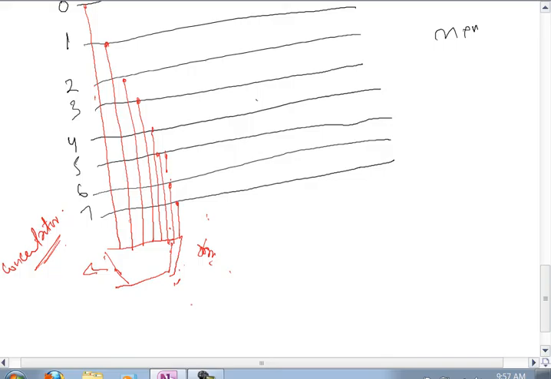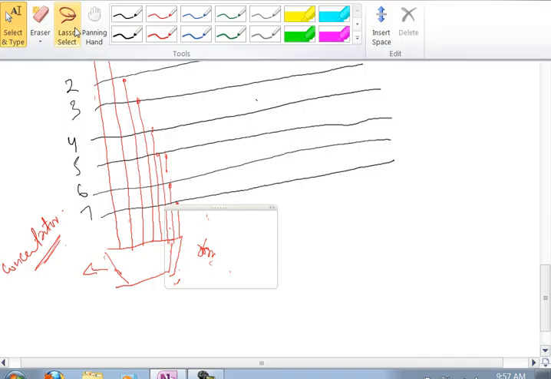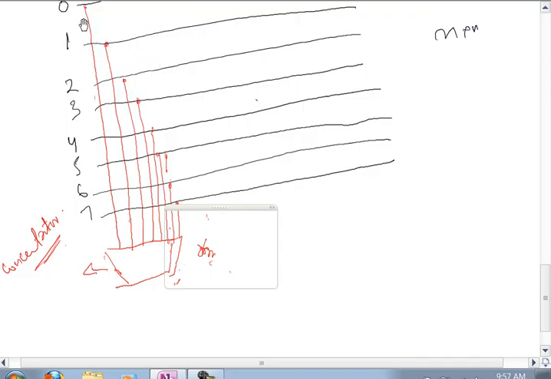They will not all come to the first output line. You getting what I'm saying?